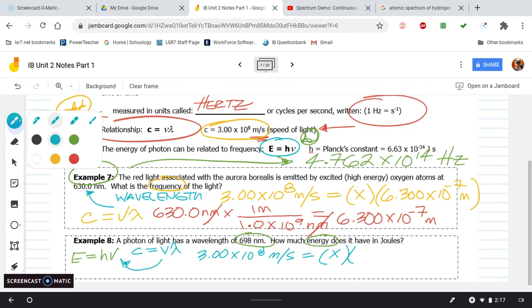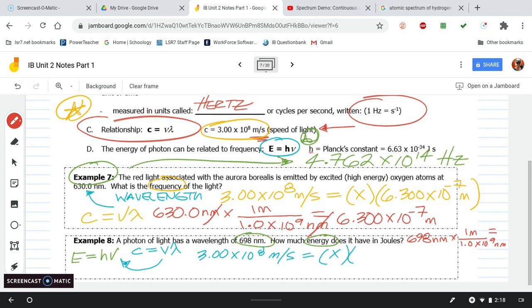So once again, use the same conversion. It's going to be pretty easy. 698 nanometers times 1 meter over 1.0 times 10 to the 9th nanometers.